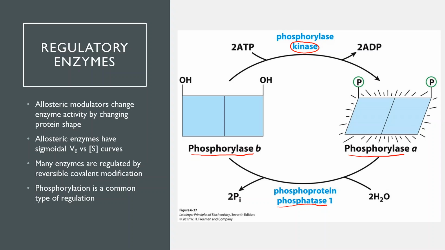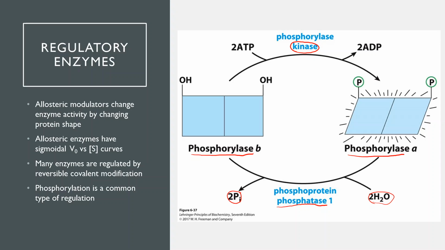In this case, this particular enzyme is dephosphorylated by an enzyme called phosphoprotein phosphatase. So this is, again, removing two phosphates in the form of inorganic phosphates. And this is also a hydrolysis reaction, so it requires water. So you have two different switches here, one which turns phosphorylase on, one of which turns it off.